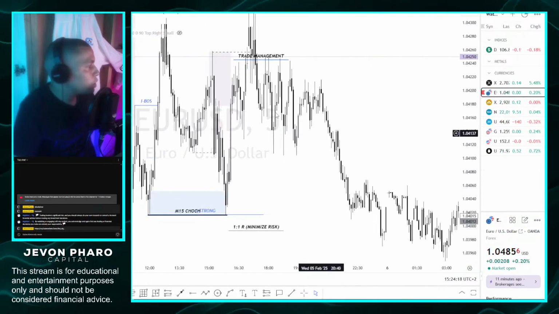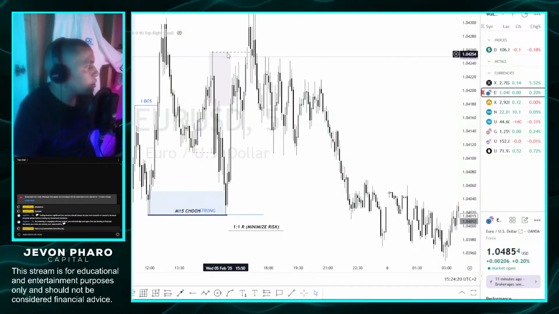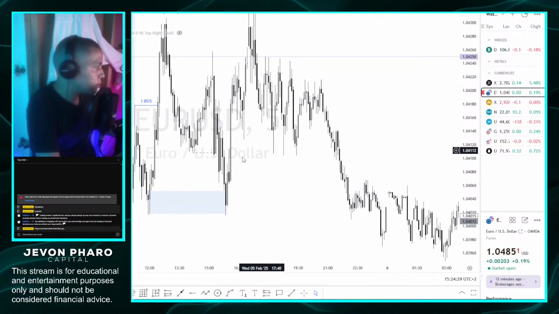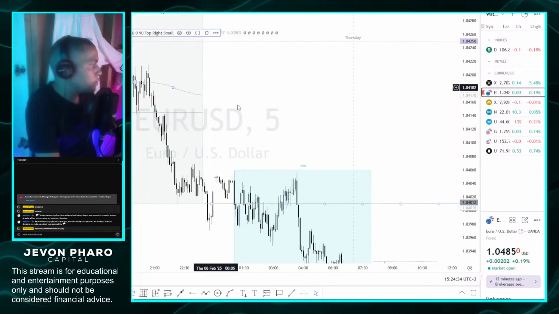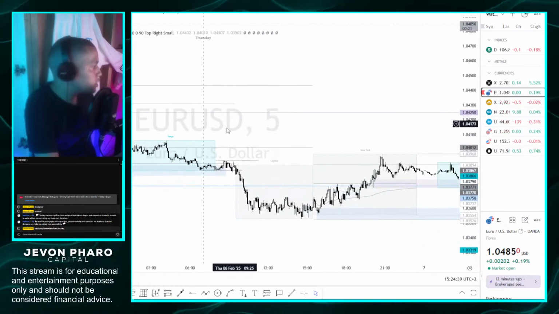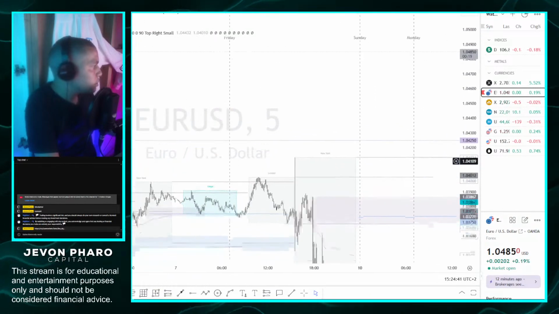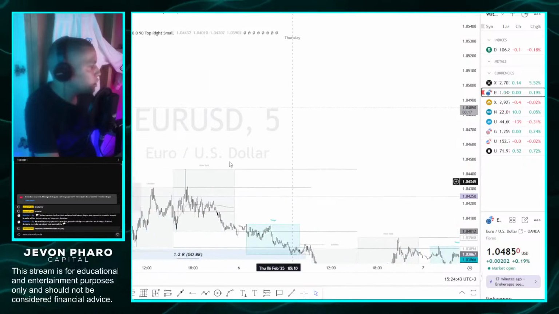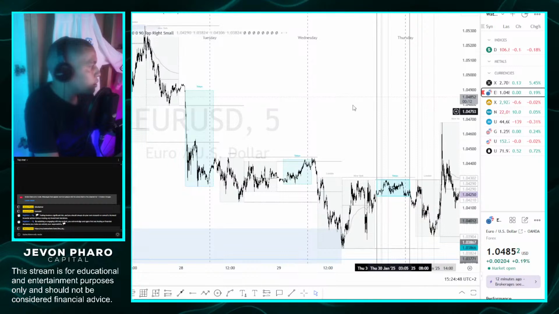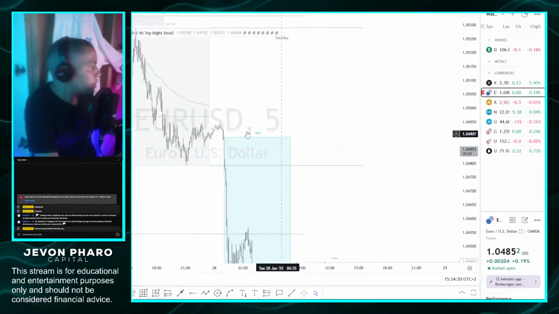Oh, this is that zone where we got swept out. Okay, so this high has not been swept yet. It's an anticipation high over here. Where's price trading at? Okay, yeah, it's an anticipation high over here.